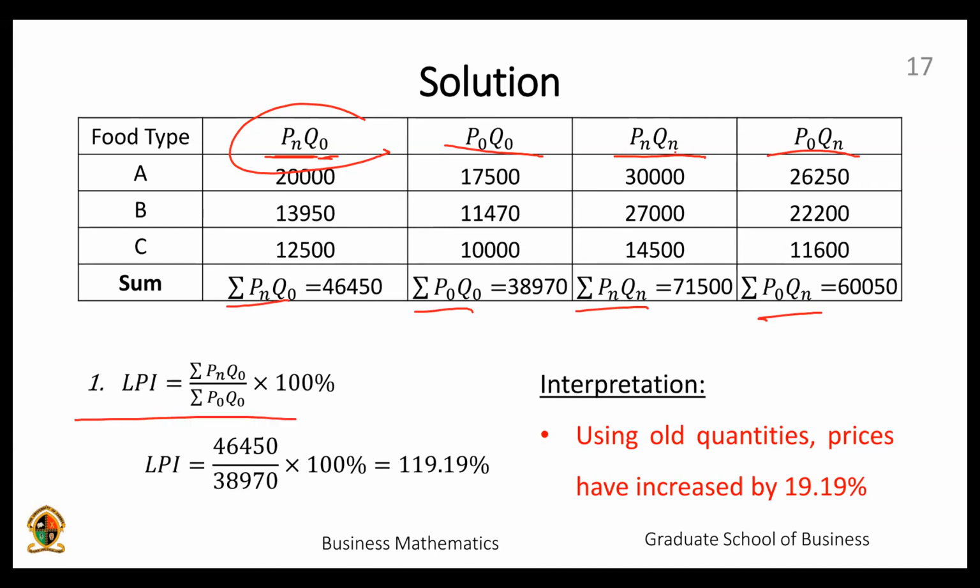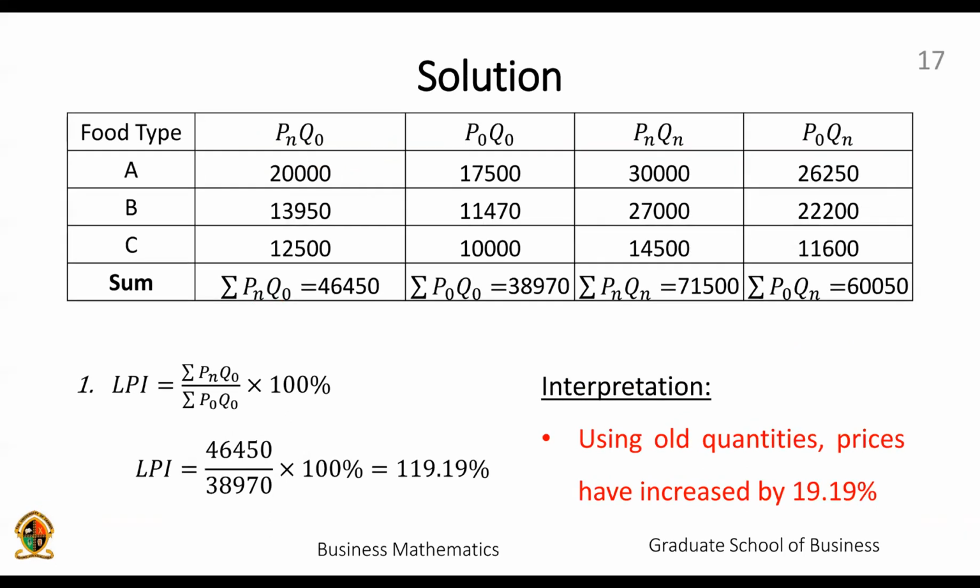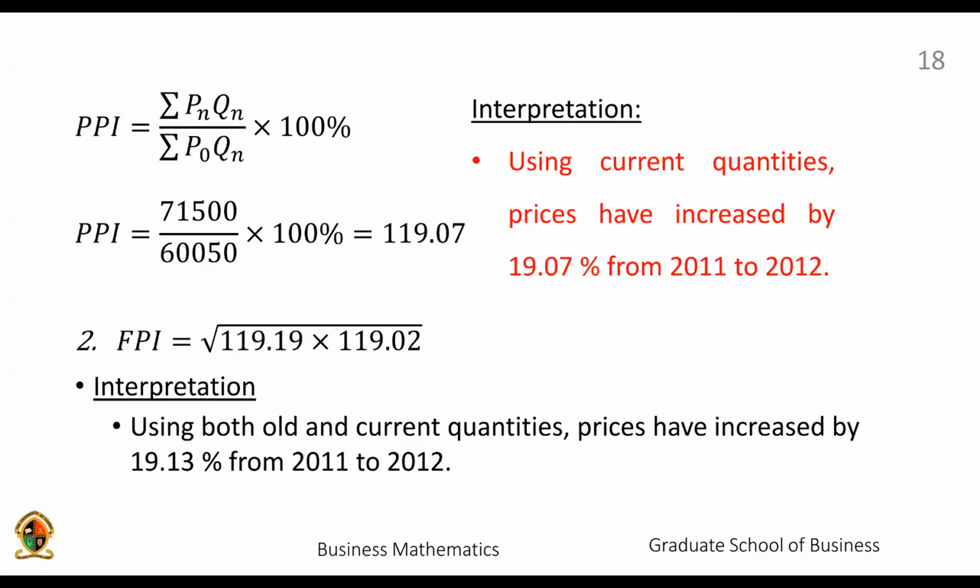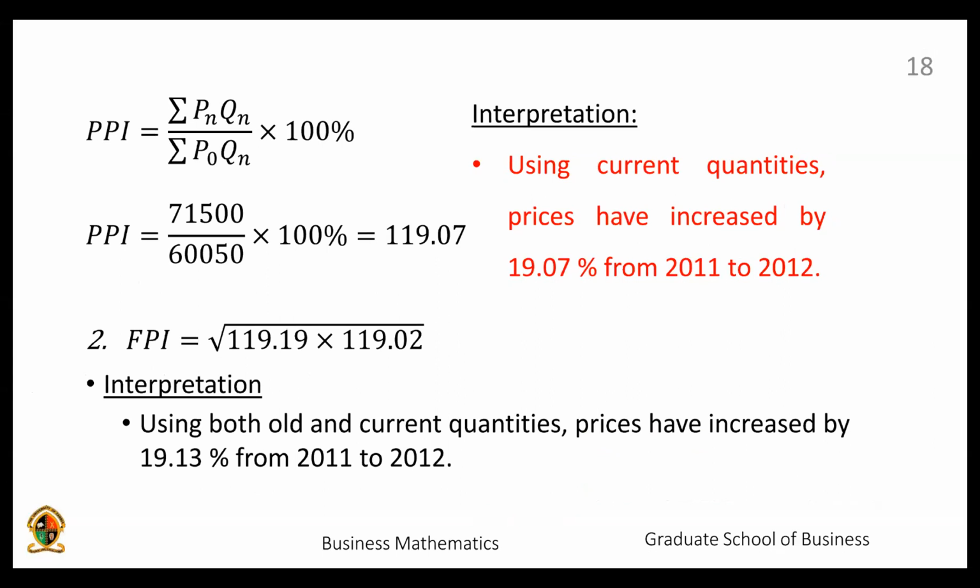In Laspeyres' index, you substitute, and you get 119.19 minus 100. You should always subtract 100 from your answer. So you find the answer of positive 19.07.